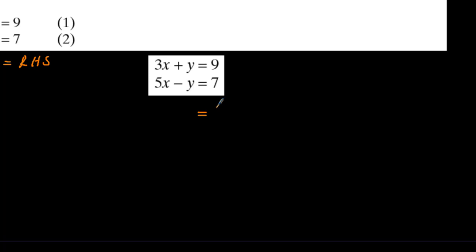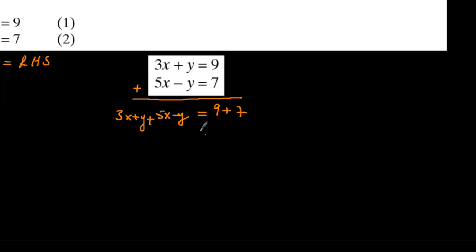On the right side we have 9 and 7. Side by side addition: 9 plus 7 is equal to 16, and on the left side we have 3x plus y plus 5x minus y.